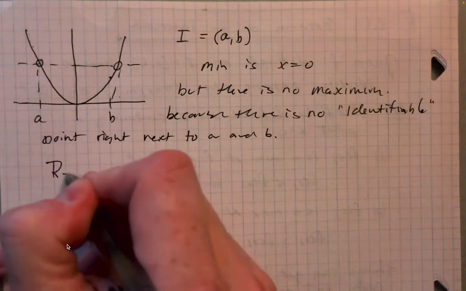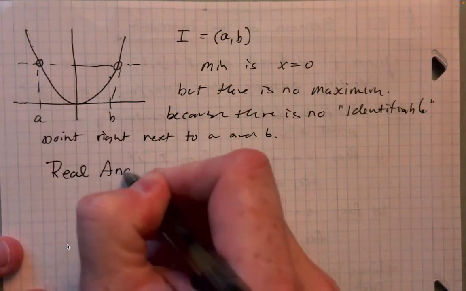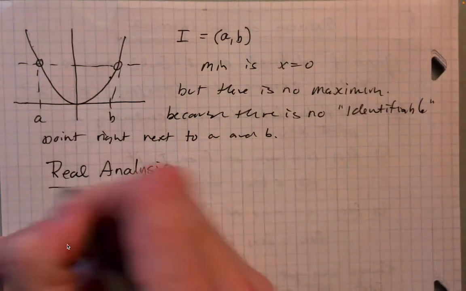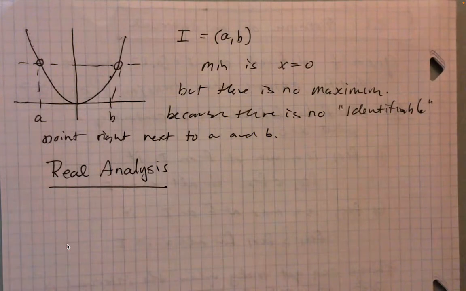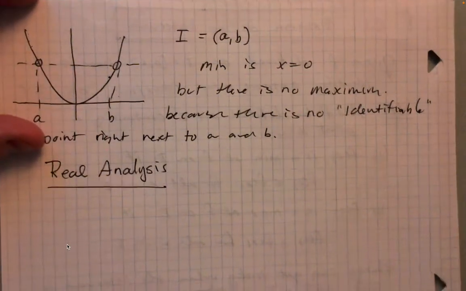A lot of real analysis goes into this in detail, but suffice it to say, there's no point that we can point to and say, oh, the max is going to be f evaluated at this point. It just doesn't exist for this interval because of the openness. Okay, so those are kind of like the edge cases that we have to be careful of.